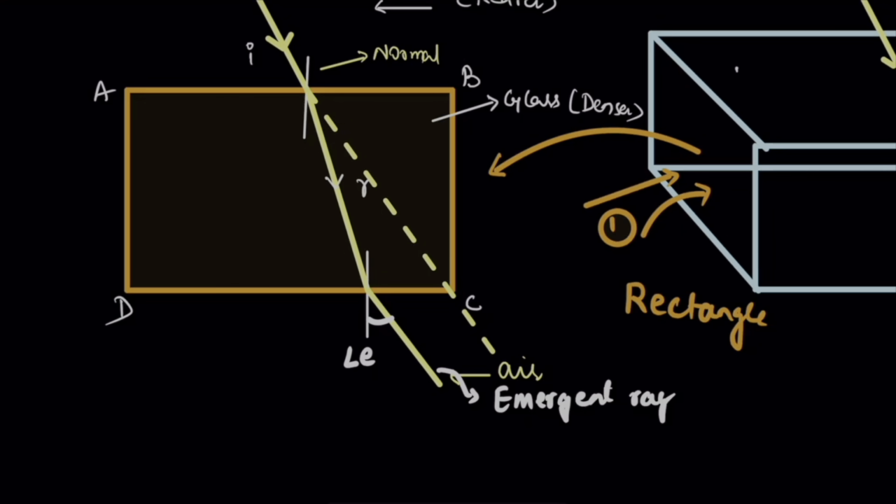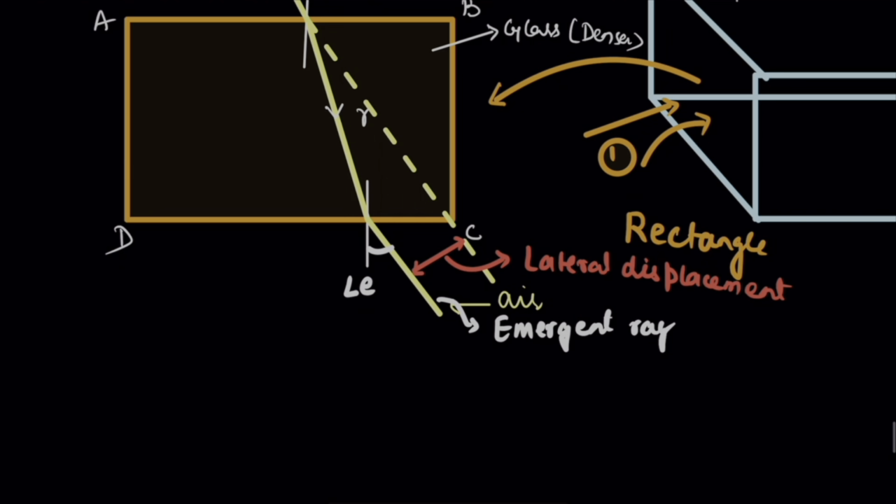If we make a perpendicular line between the emergent ray and the extended incident ray, this distance is called lateral displacement. So how can we define lateral displacement?